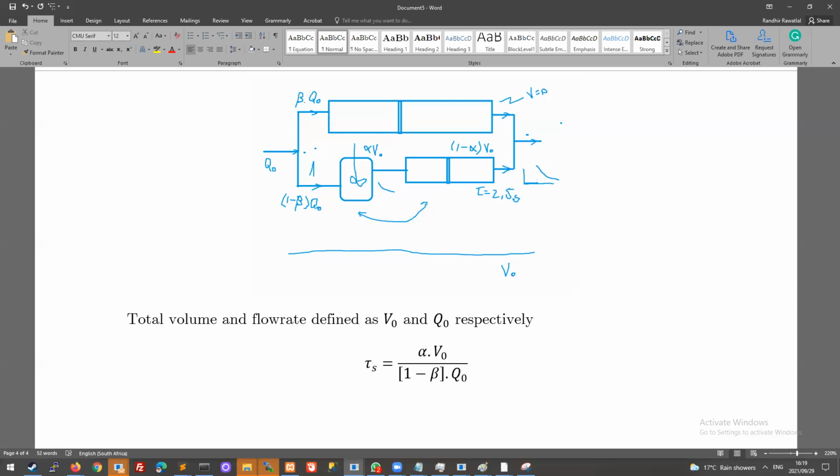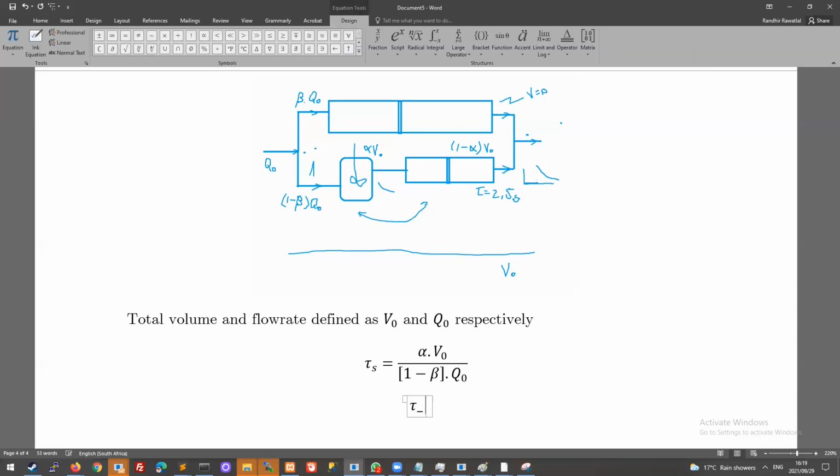Then the PFR, we can say tau P equals, and the volume here is 1 minus alpha times V naught. And all of this is divided by 1 minus beta Q naught.